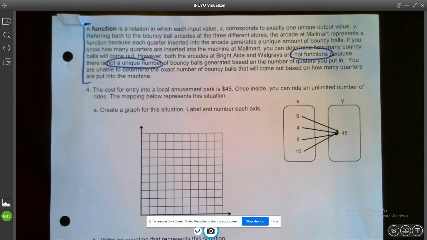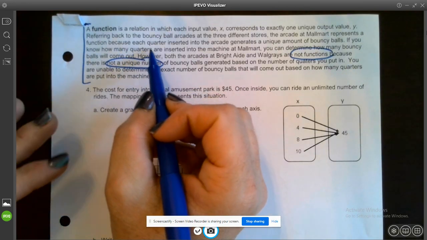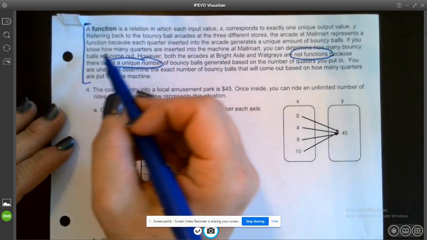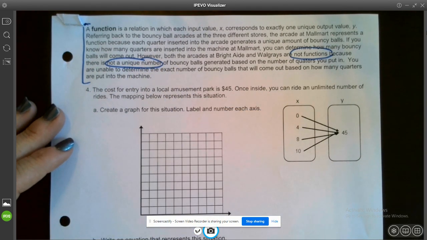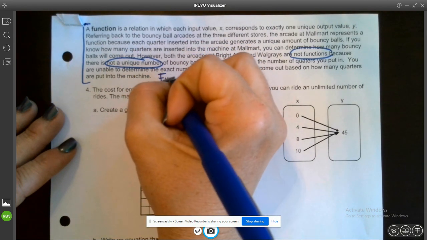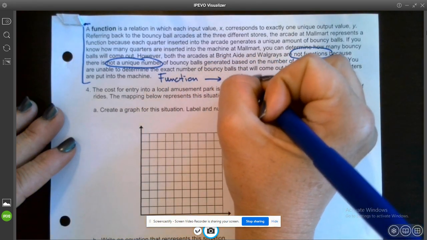Okay, it's that one-to-one idea. And they talk about if you know the number of quarters inserted in the machine, you can determine how many bouncy balls come up, and then that would be a function. Interesting. So the main idea to be a function, let's maybe summarize here, is that you should have a unique value.